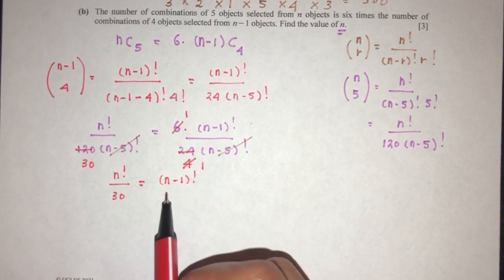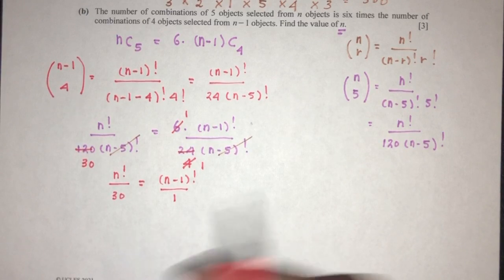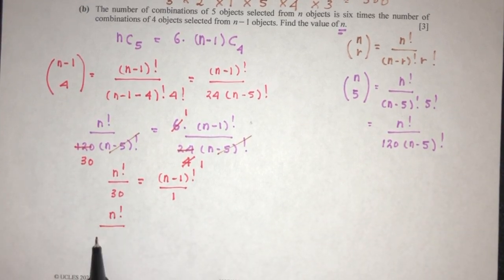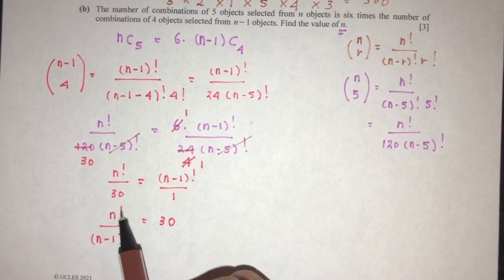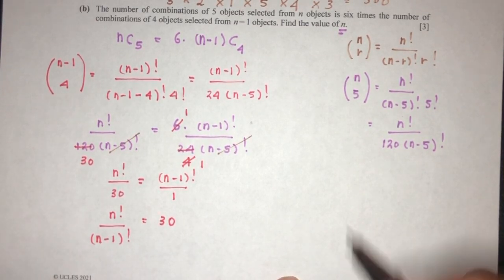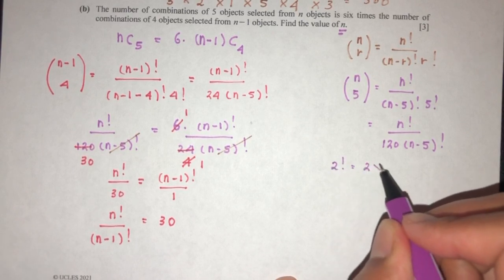So let's see how we can simplify this. We can send this here and this here. So let's continue. You will have n over this one is equal to 30. So what is the definition of this? Let's think. For example, we know 2 factorial is 2 times 1.